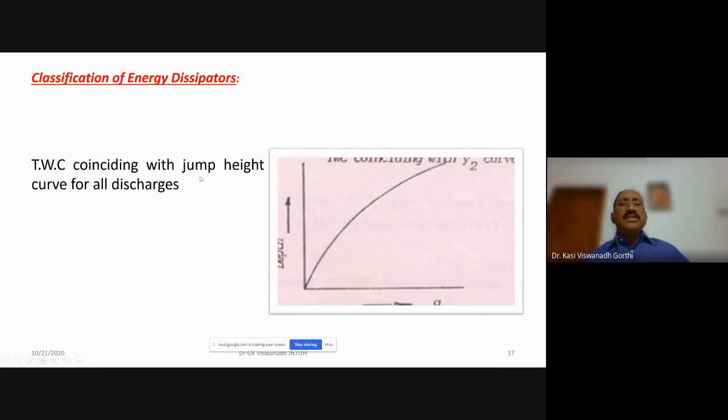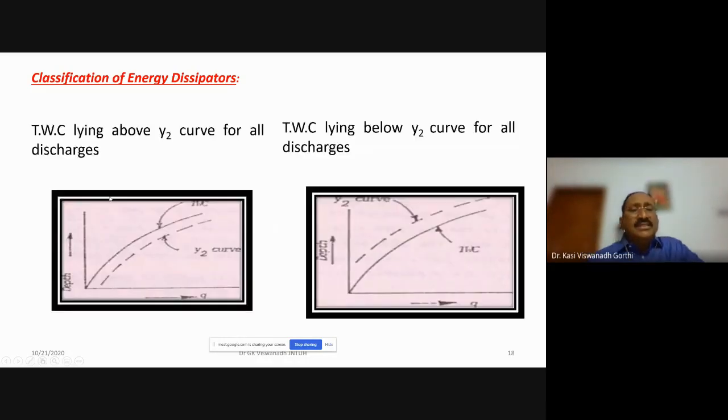Similarly, the second case is TWC lying above the y2 curve for all discharges. You see the dotted line is giving you the y2 curve, and the TWC, the tailwater rating curve, is the solid line. So the dotted line is the y2 curve here, and TWC is above the y2 curve for all discharges.